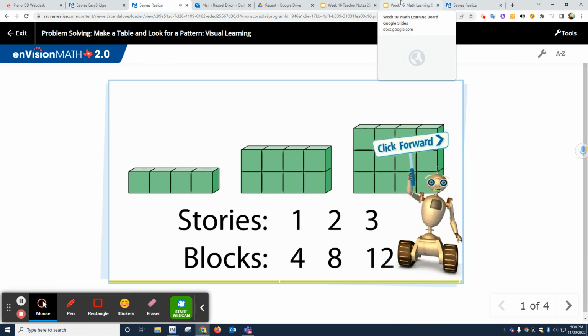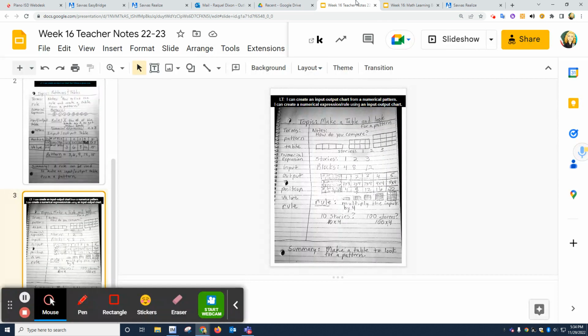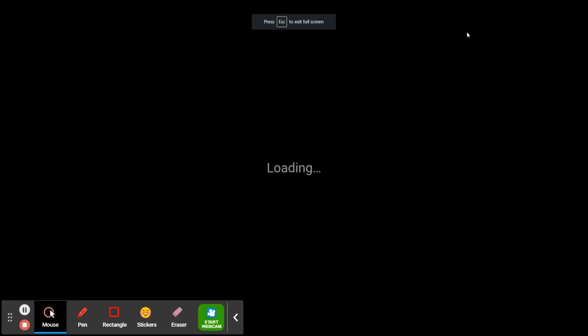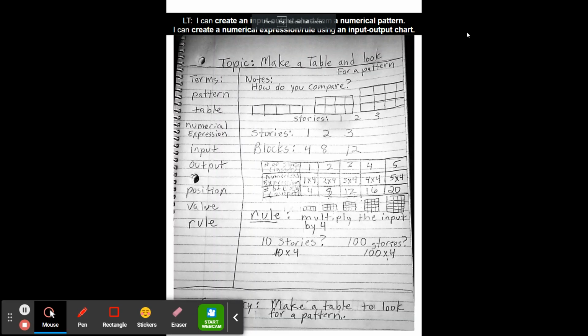So if I go look at my notes, you'll notice that I said the topic, which is make a table and look for a pattern. I have terms and notes. The first term I listed was pattern, and the second term I listed was table. In that first video, that's pretty much what they talked about.